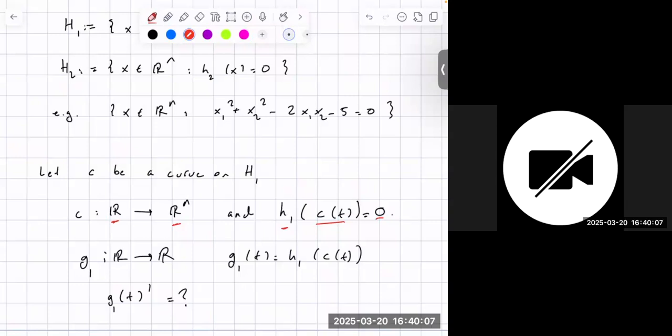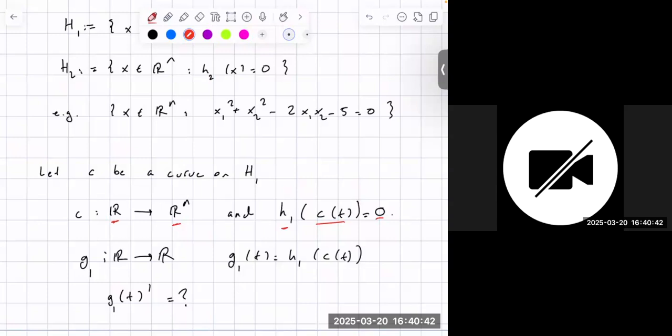So let's call the whole thing a different function. t gives you something on the curve, then the curve gets plugged into the equation and you get a number out. Let's call this a function that's now just a one-variable function. And I would like this thing to be always 0, meaning that the curve remains on the surface. If this thing is always 0, then it's something trivial. It changes, no change at all, and the derivative should be 0 as well, okay? So what would that mean in terms of this tangent vector we were talking about?